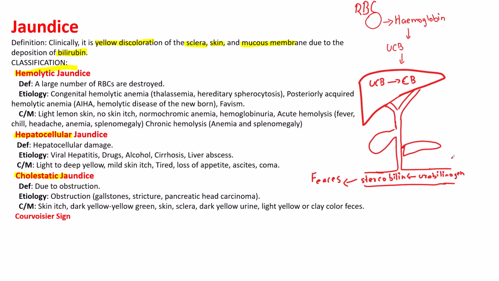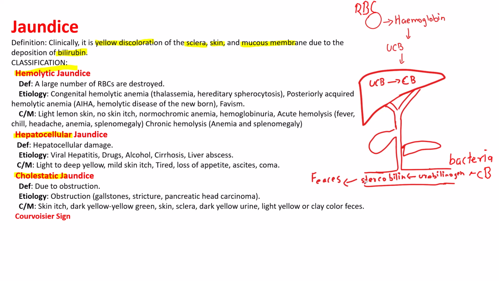In our small intestine, the natural bacteria are present. These bacteria convert the conjugated bilirubin in our bile to urobilinogen and then convert it into stercobilin, which is excreted through feces.